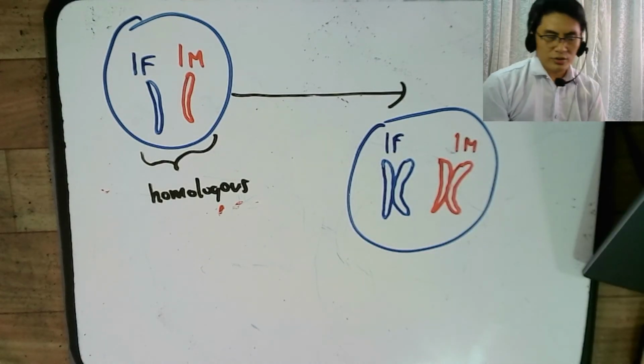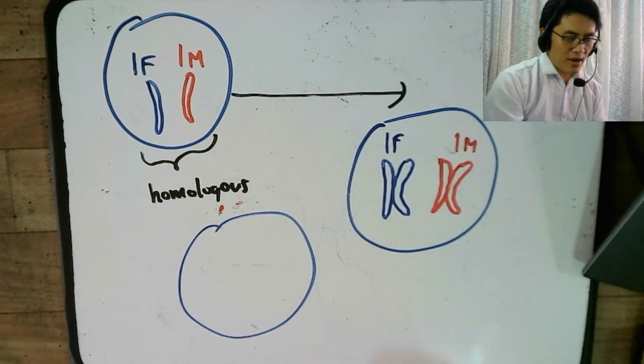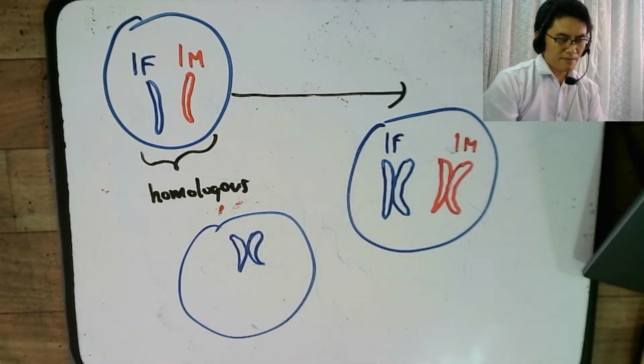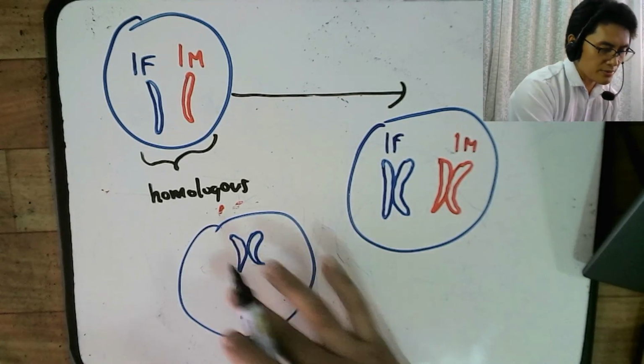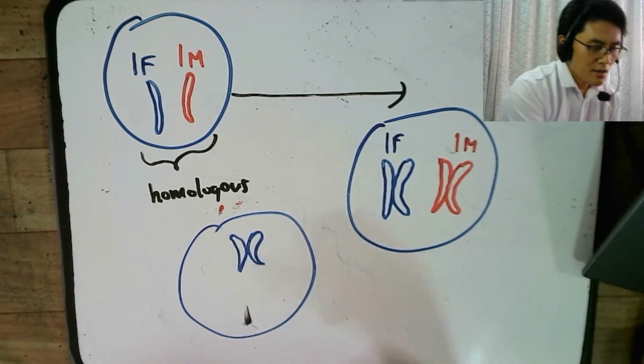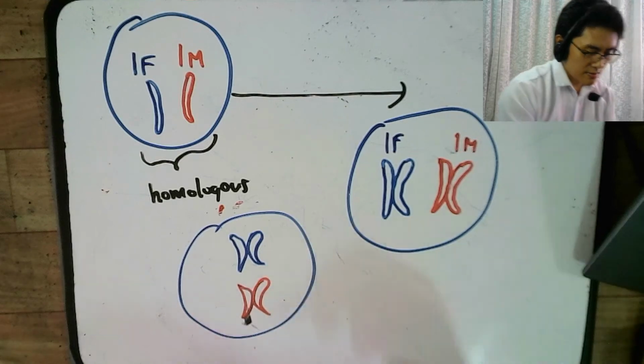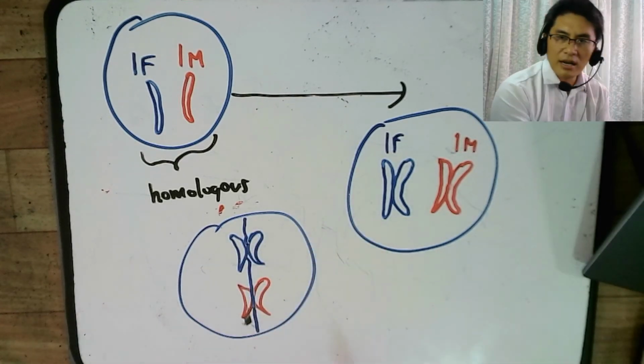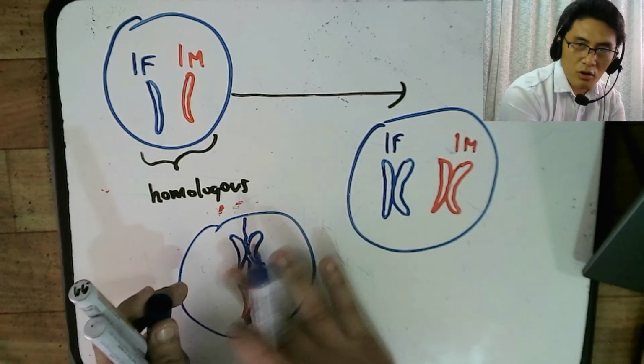And obviously, if we continue this, that means in the next phase, they would align at the center. Remember, they will, sorry, I should be using red. They would align at the center. Remember, and then the cell divides and pulls apart the sister chromatids.